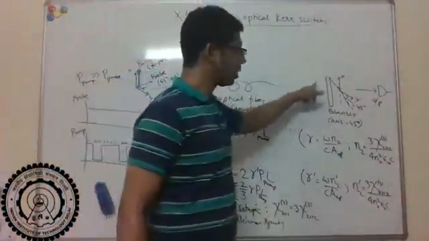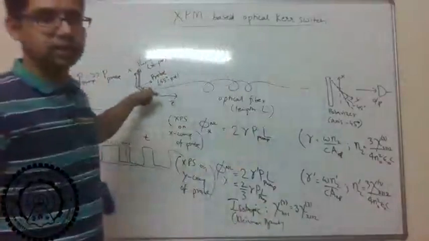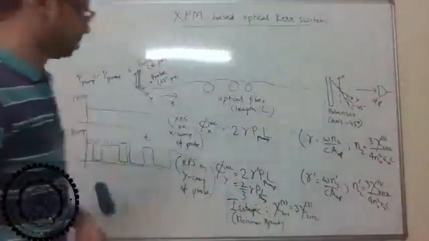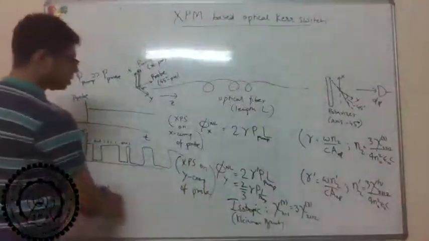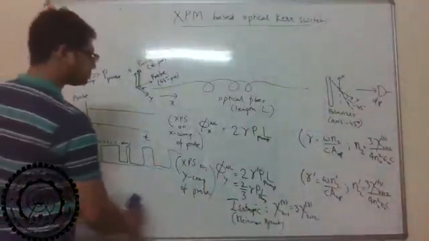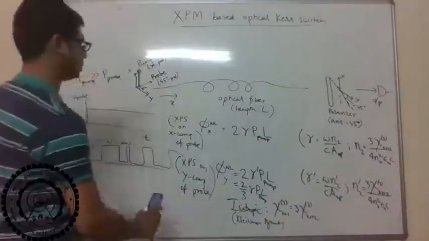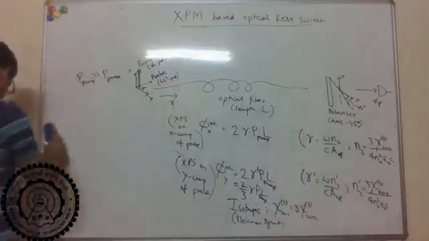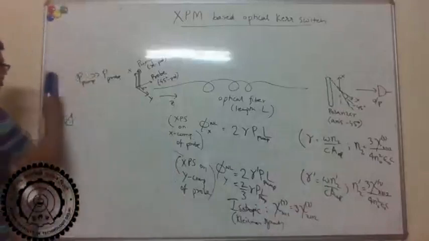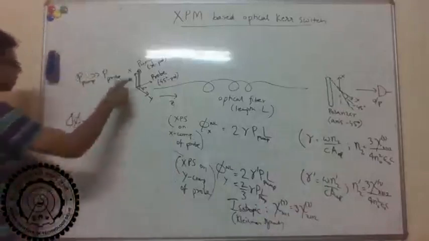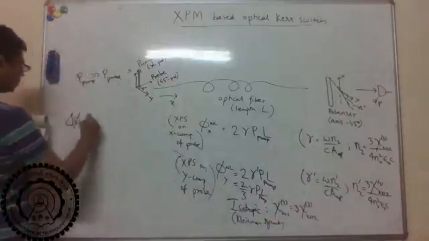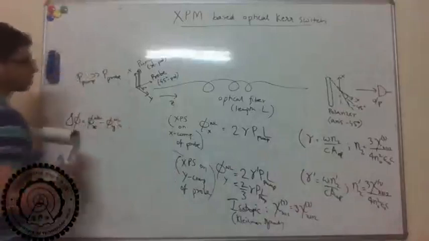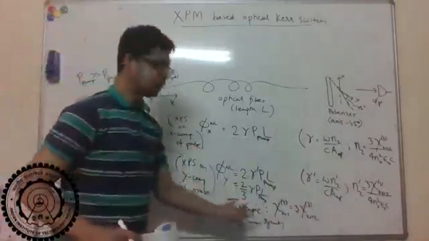right? Which means at the output the polarization will not be the same as the input. This means that the polarization will be rotated at the output. So if you look at the phase difference between the two polarization components, that's 2 gamma PL minus 2 by 3 gamma PL.